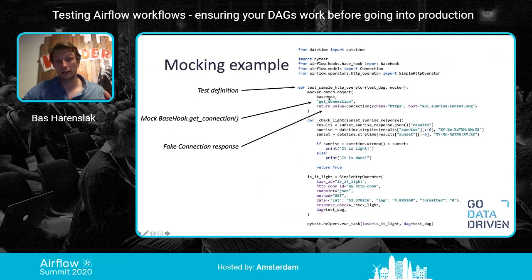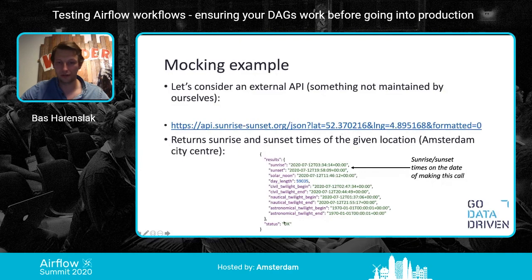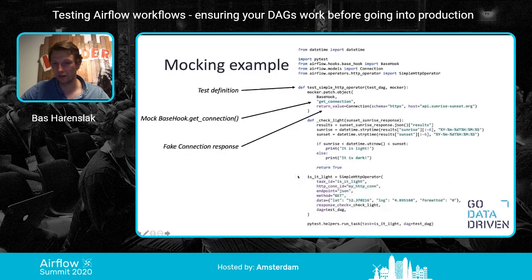So we're saying on the base hook, this is where the get connection call goes to the meta store, pulls out the connection and returns it, we're just going to return this object with this host name. This avoids communication with an external system, which in this case is the meta store. The test will actually call the API, but if you cannot reach the API from your laptop, you could also mock out this response and provide a dummy or test response.